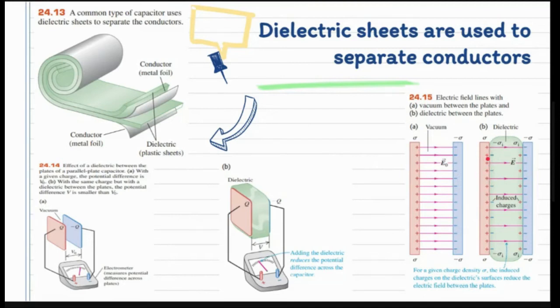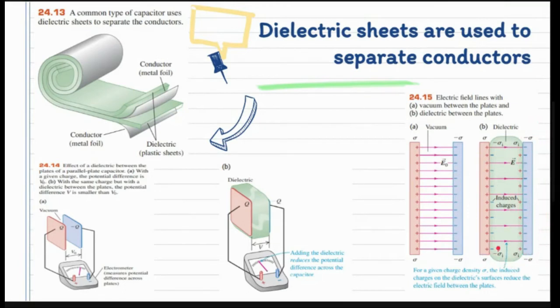All the negative charges in the dielectric material will go to the side where the positive charges are, and all the positive charges will go to the negative side of the conducting plate.